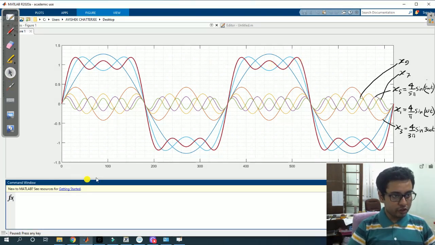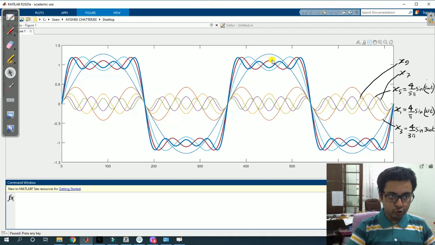If we plot x1 plus 3 plus 5 plus 7, that will look like this blue curve. And you see, this blue curve has an even more flat top. And now finally I will draw x1 plus 3 plus 5 plus 7 plus 9.